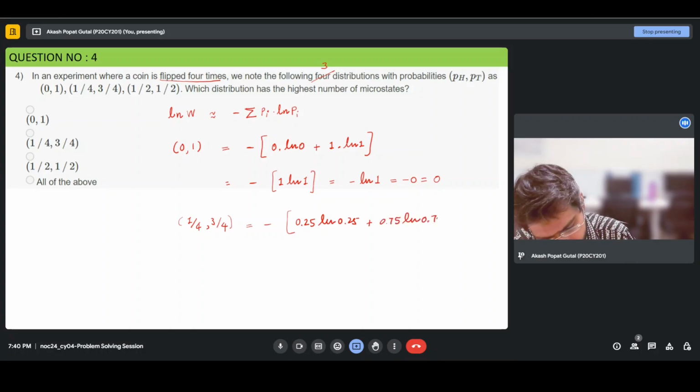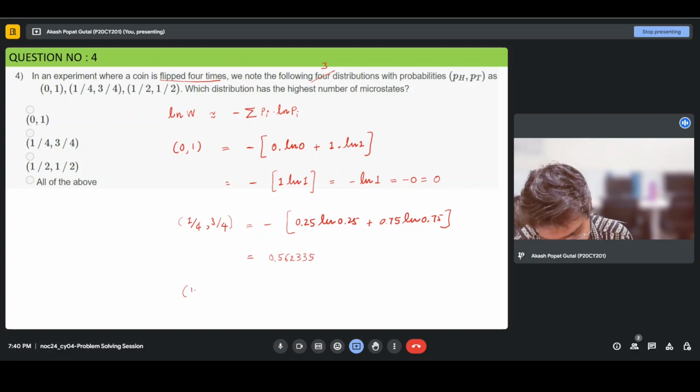If you calculate it, minus of 0.25 natural log of 0.25 plus 0.75 into natural log of 0.75, which gives you 0.5656.